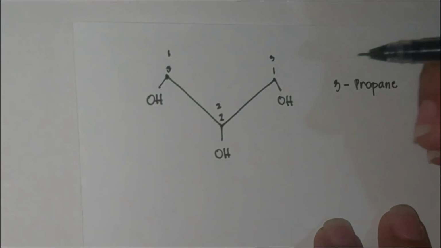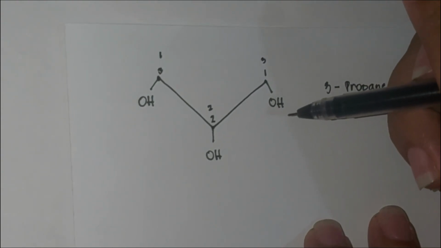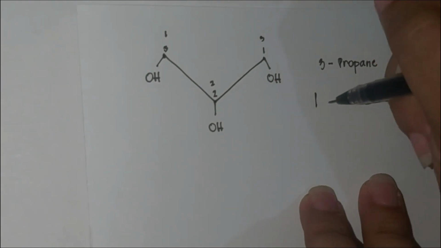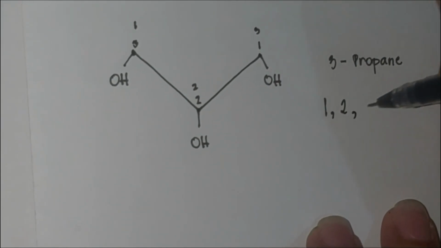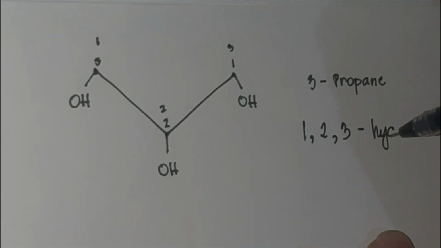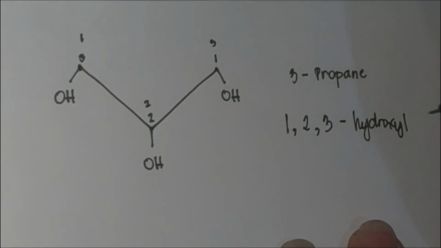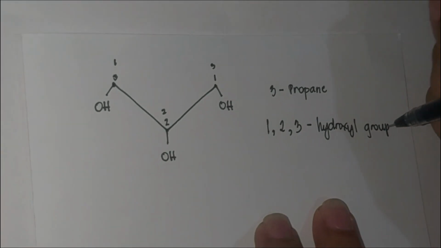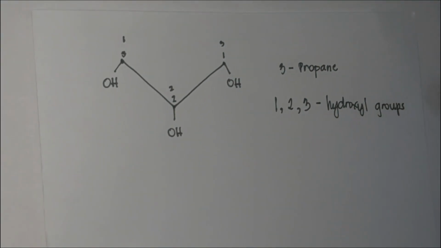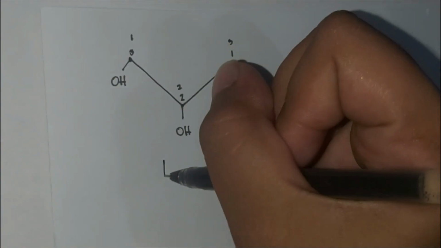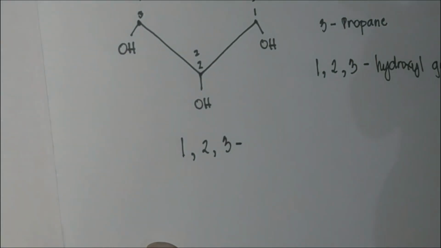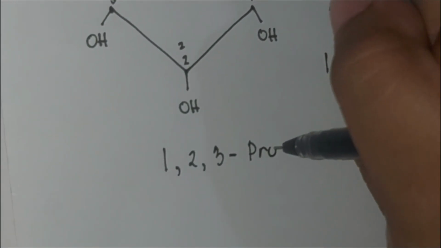Since we have 3 hydroxyl groups in carbon 1, 2, and 3, we will write 1, 2, and 3. These are all hydroxyl groups. So in naming this, we will first put the numbers. We have 1,2,3 dash propane.